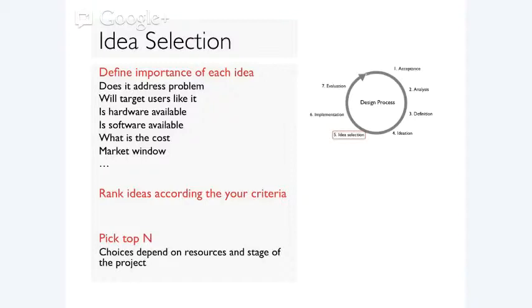So you define a couple of different dimensions, and then often you can basically create a matrix of ranking ideas according to different characteristics or concerns you've come up with, and then you just pick the top n. Sometimes n equals 1 towards the end of the process when you can only do one implementation, but especially in the beginning, you can pick n, 3, 5, 7, so you have multiple ideas still in play.